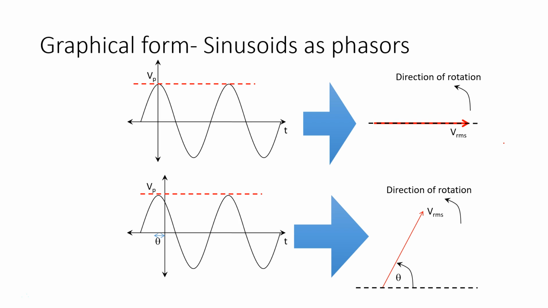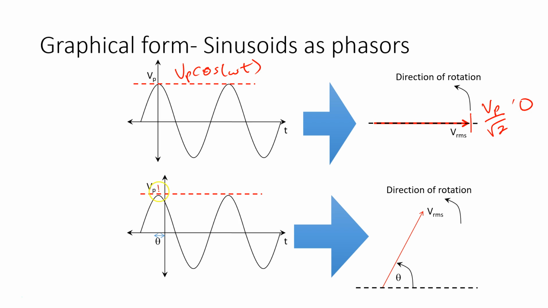Let's look at how we represent phasors as opposed to sine waves. Here I have two sinusoids. This one would be Vp cosine omega t, and that converts in phasor form to a vector of magnitude Vp on square root 2 with an angle of 0.